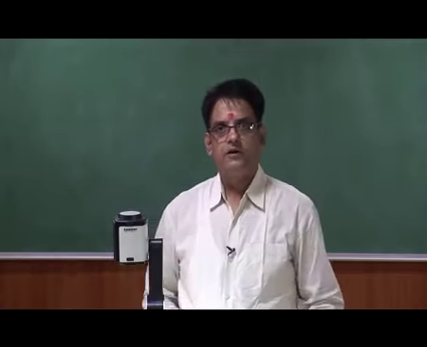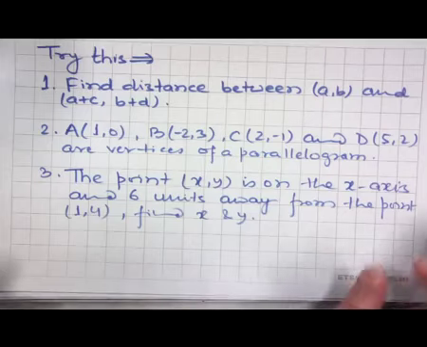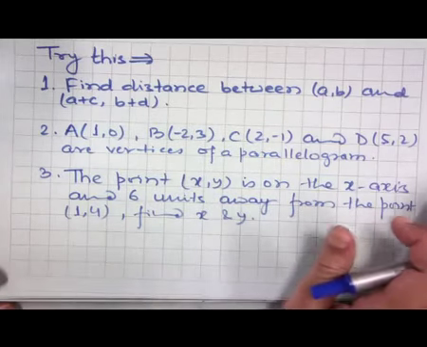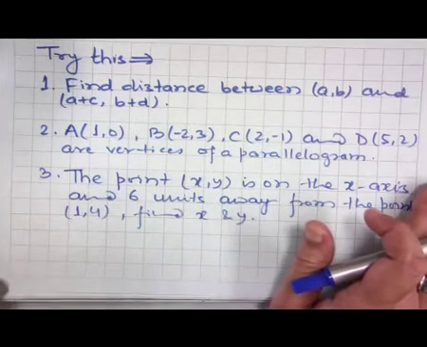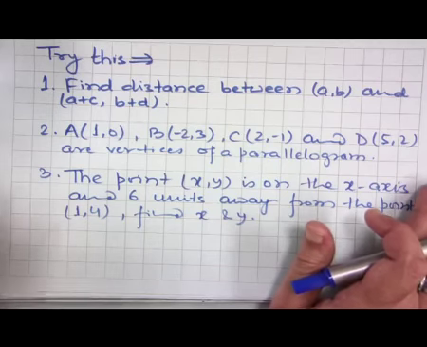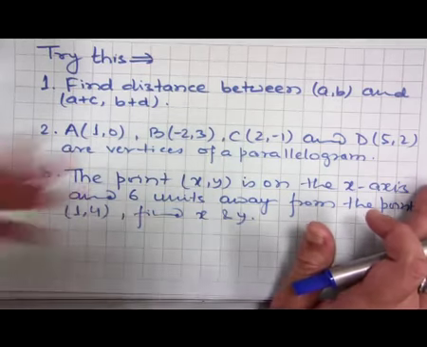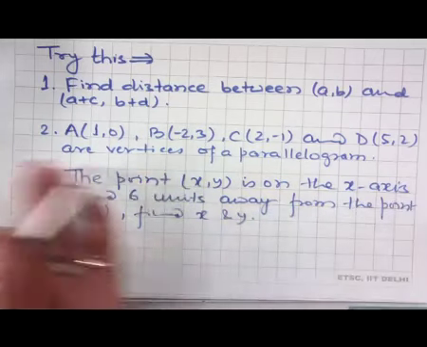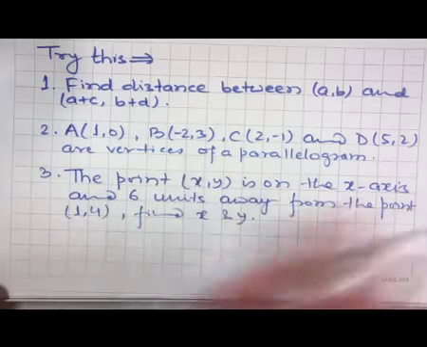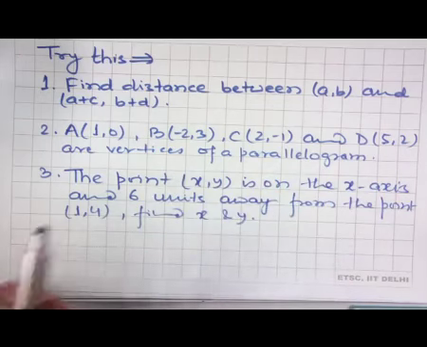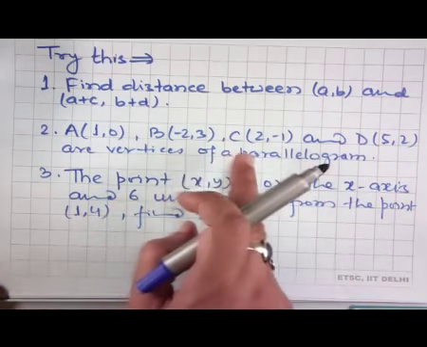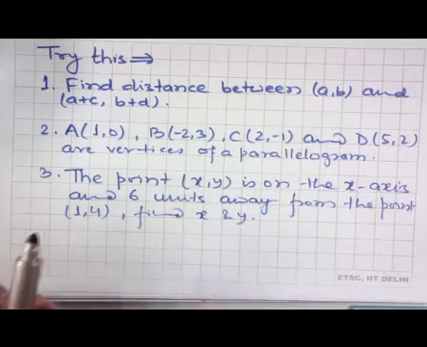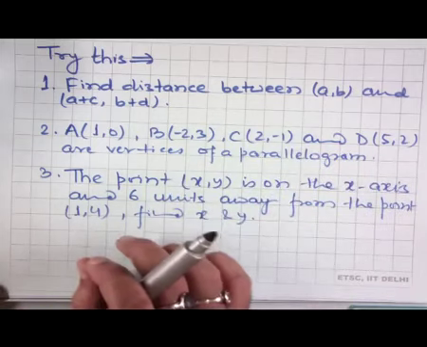Now you can try these 3 problems. First, find the distance between AB, A and C, B and D. You just use the distance formula and you can get the value of distance between these 2 points. Similarly, 4 points are given, A (1, 0), B (minus 2, 3), C (2, minus 1) and D (5, 2), which are vertices of a parallelogram.